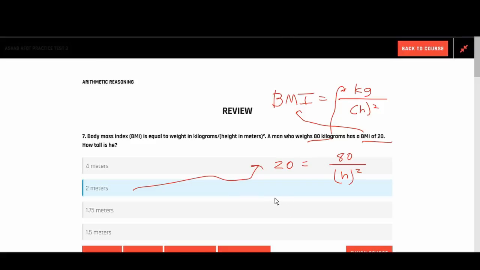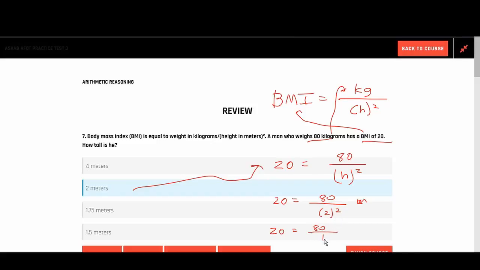So let's start with 2. 20 equals 80 divided by 2 squared. Again, we're trying to see if this equation works.